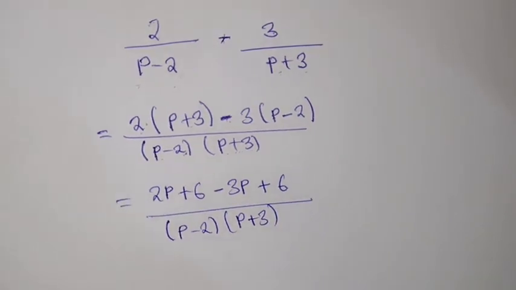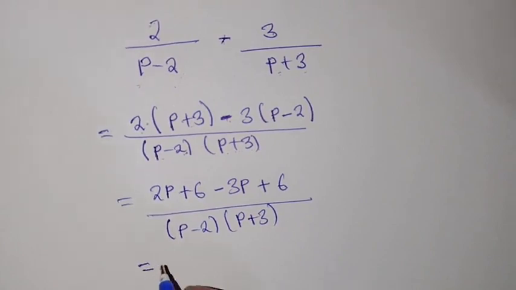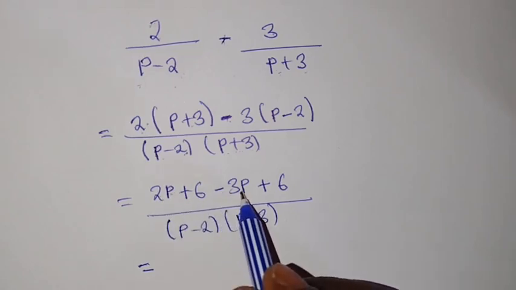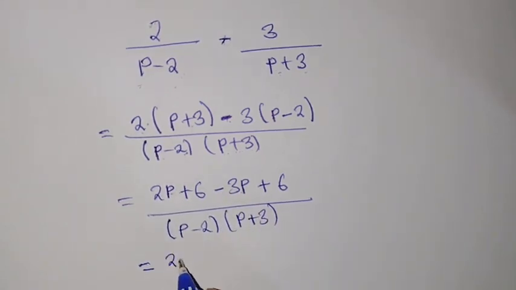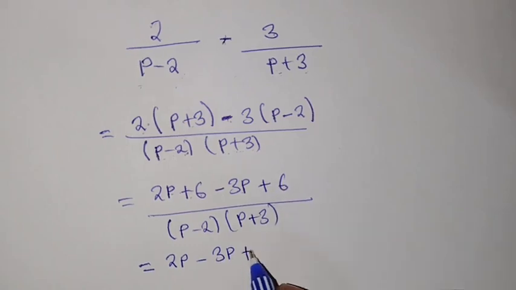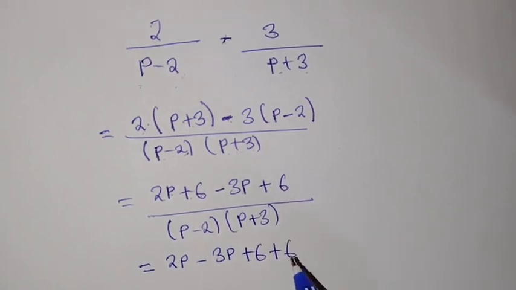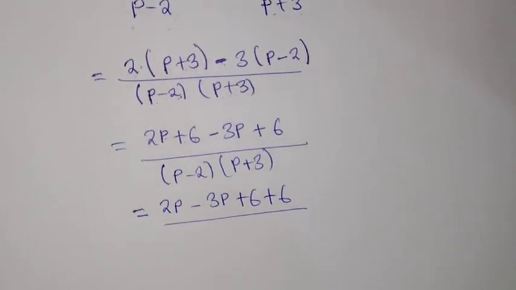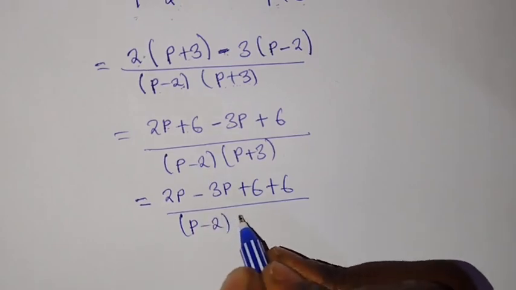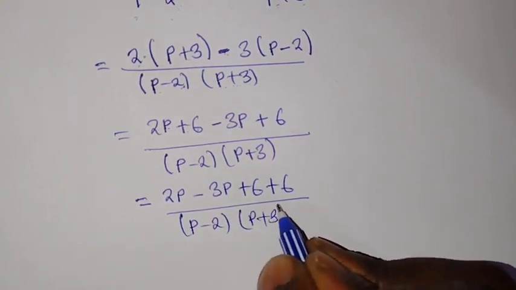From this stage, we need to group the like terms. 2p and minus 3p are like terms, so it will be 2p minus 3p, then plus 6 plus 6, positive 6, positive 6, over the same denominators, p minus 2, then p plus 3.